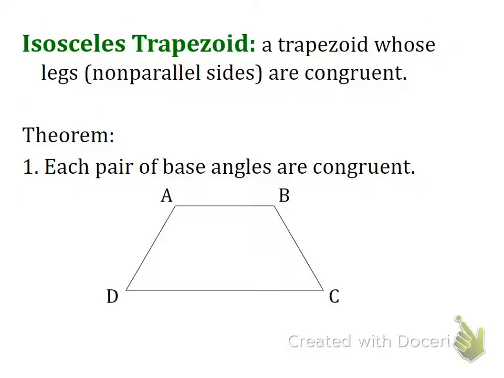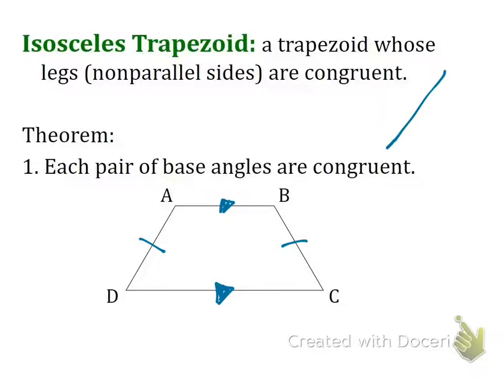An isosceles trapezoid is a trapezoid whose legs, the non-parallel sides, are congruent. So AD is going to be congruent to BC. The top and bottom are still parallel. Where have you heard isosceles before? What shape? Starts with a T. Triangles.